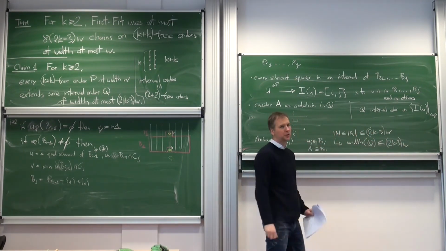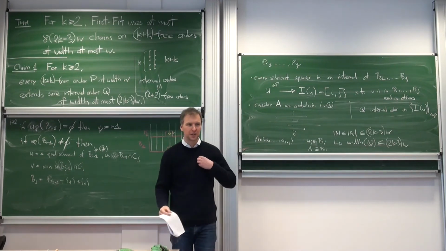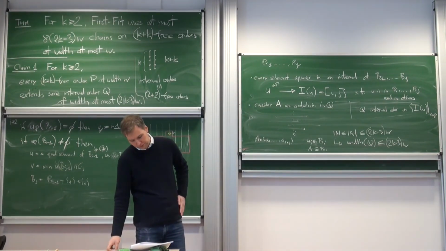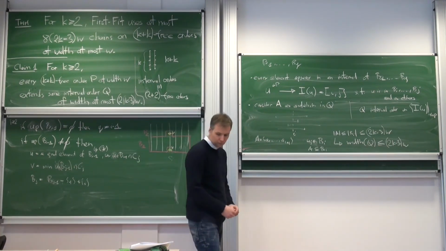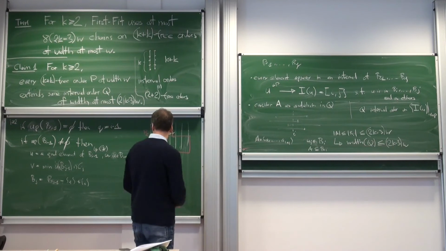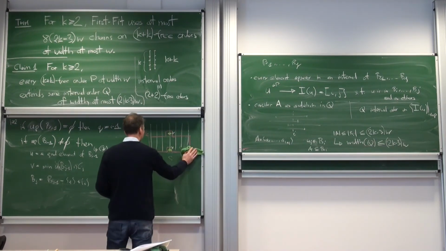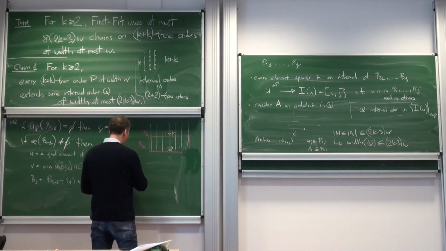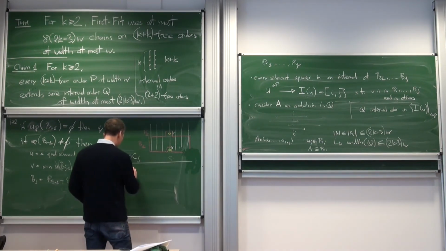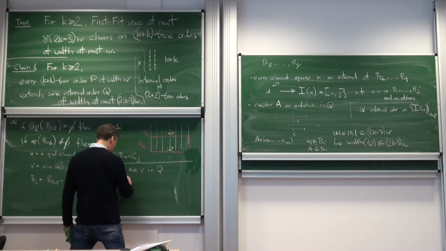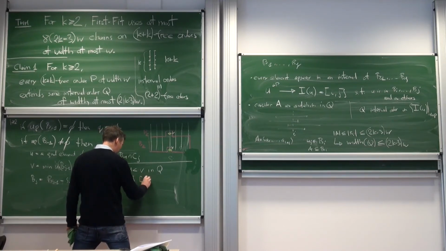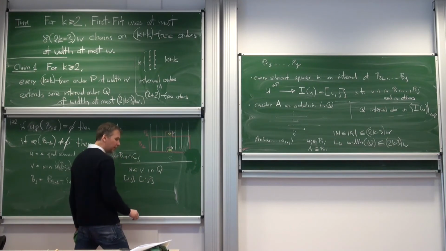So now the last thing to see is that P actually extends our interval order Q. And this should be clear, right? Because, given that U is less than V in Q, this means that U has an interval, say, ij, and V has an interval i prime, j prime, right?